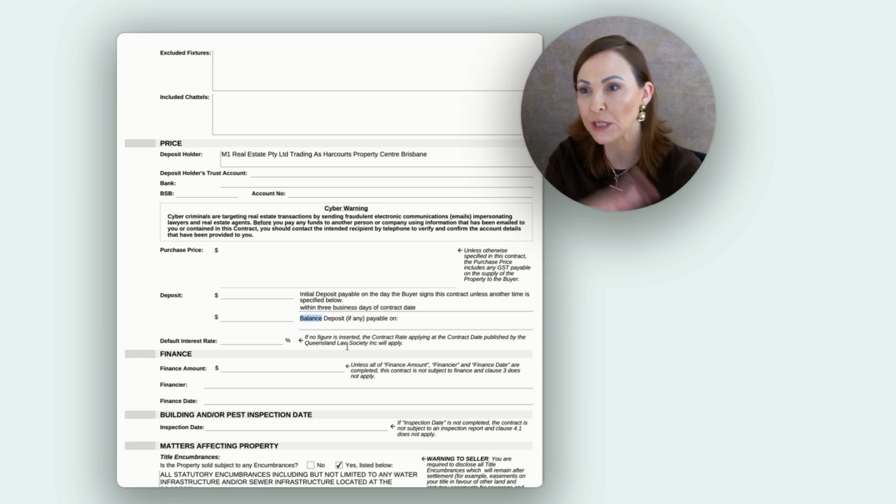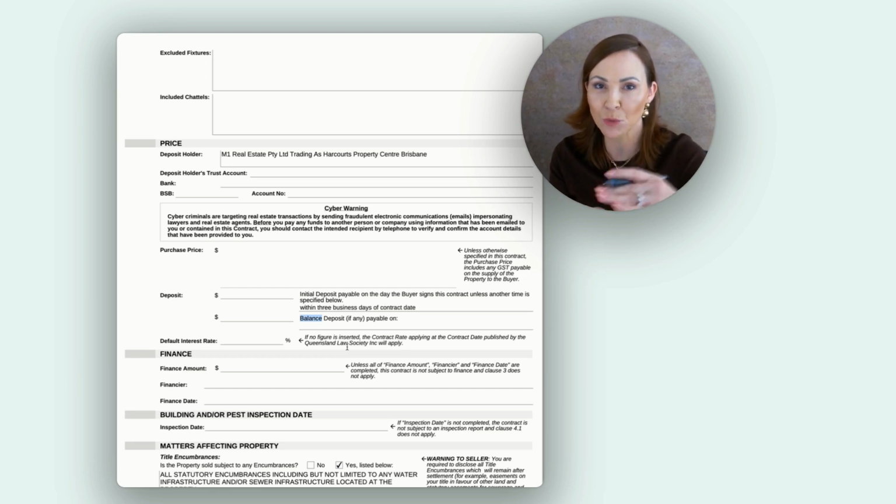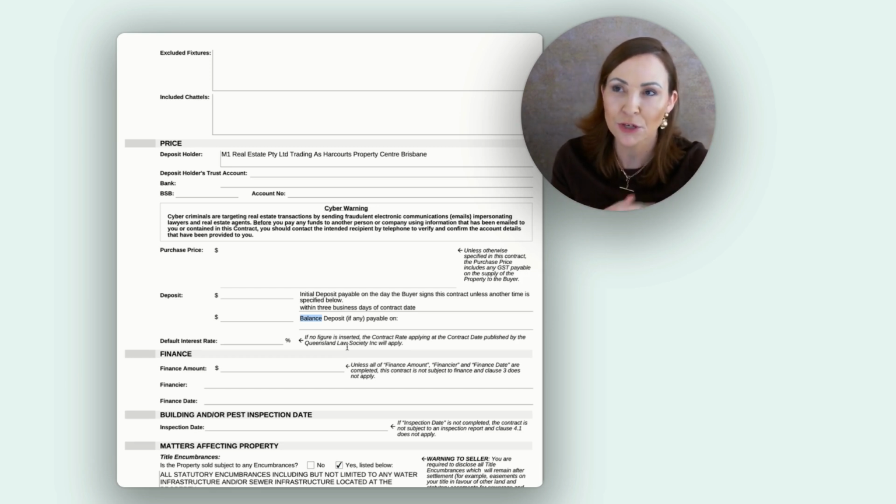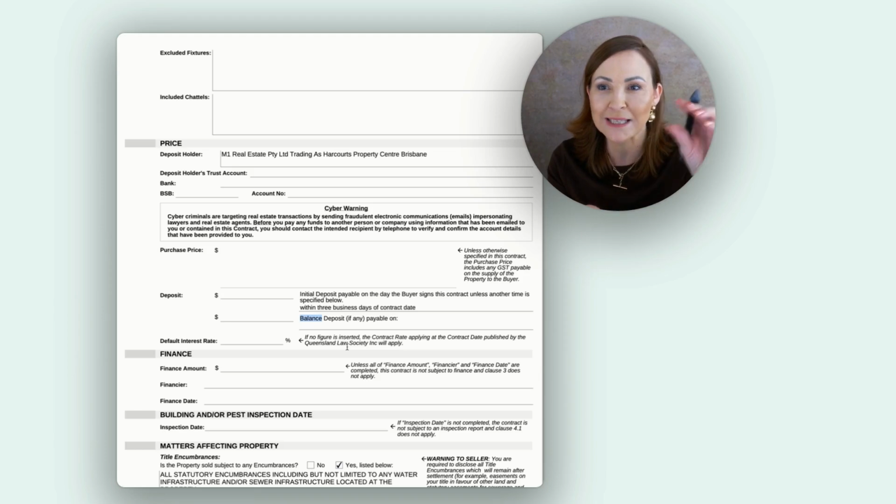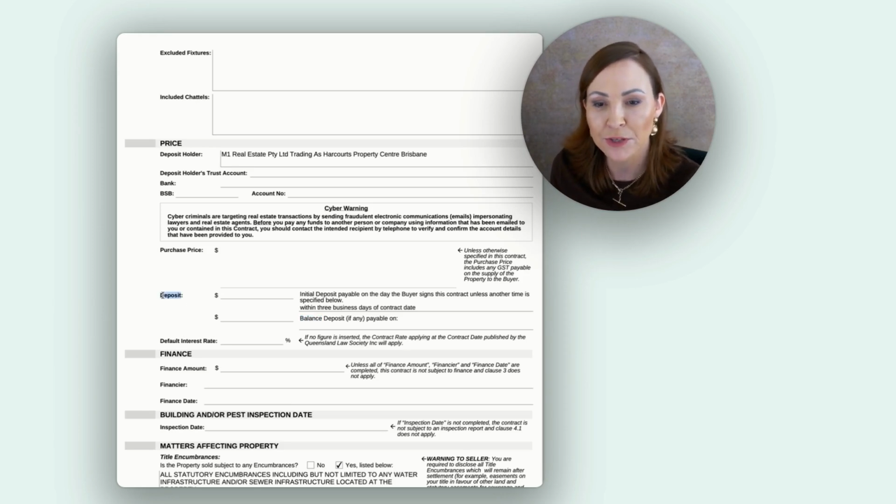That means that all the conditions on the contract have been met and we're just waiting until settlement occurs. Generally, there's a bit of a celebration when the contract goes unconditional because unless something goes wrong at settlement, usually we're there. So your deposit, this amount, is broken into an initial deposit and a balance deposit.